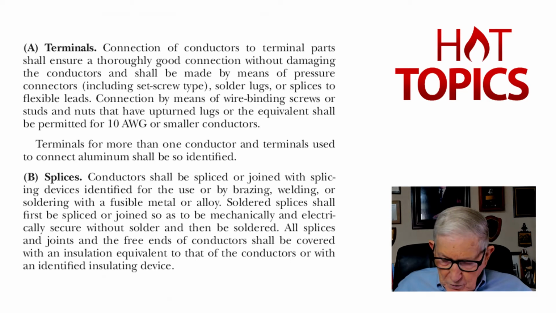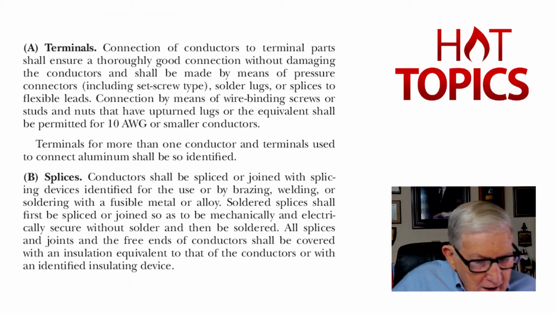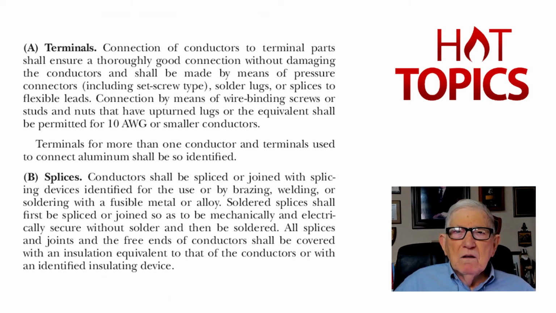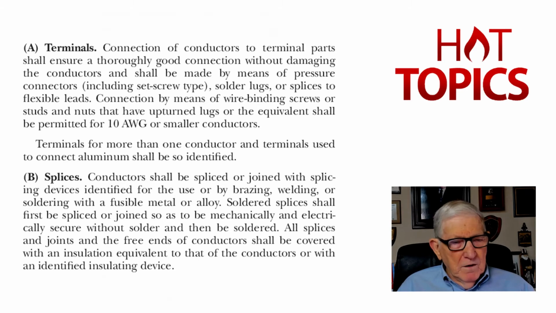Now, let's turn over to 110.14 on page 47 and 48 of the first printing of the code. Let's just turn to page 48. On the left-hand side of the page at the very top, we pick up 110.14(A) that talks about the terminals themselves.